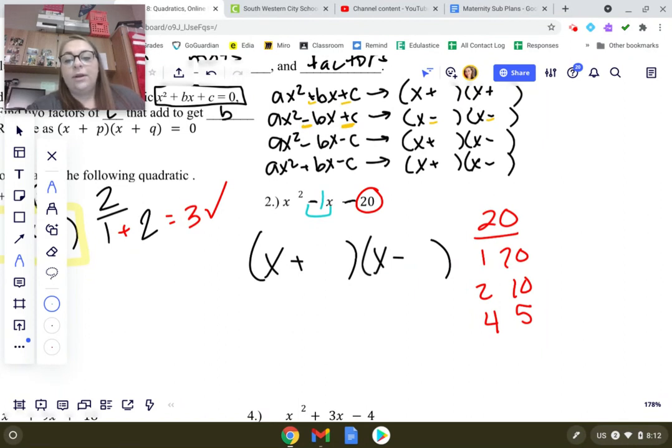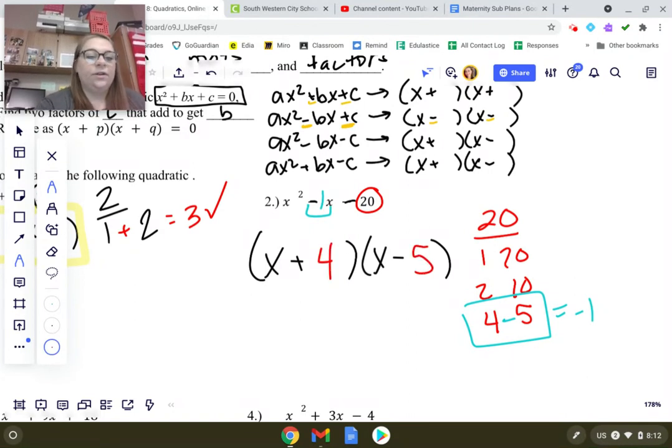Again, no. But with 4 and 5, if I want a negative 1, 4 minus 5 gives me that answer. So my 4 is going with the plus sign, and my 5 is negative. My final answer is x plus 4, x minus 5.